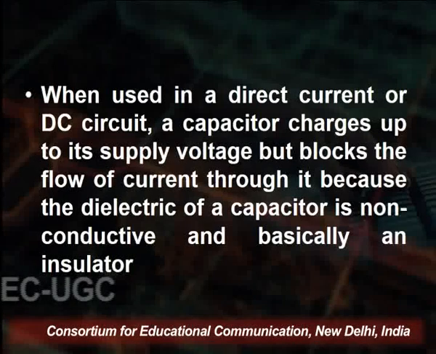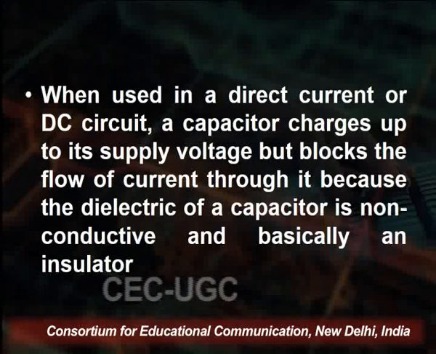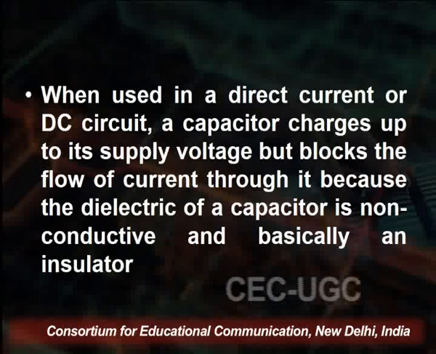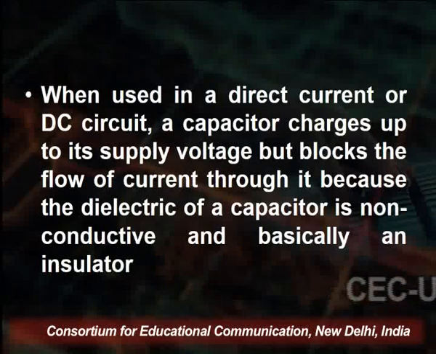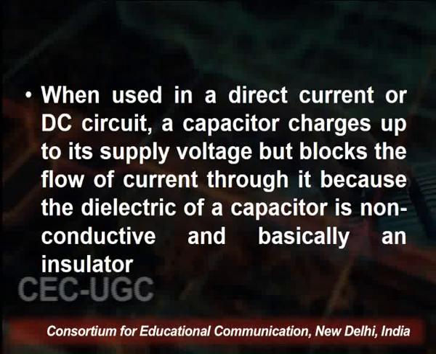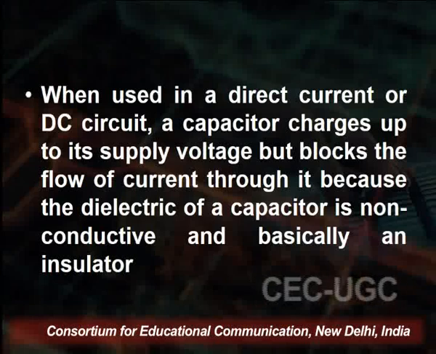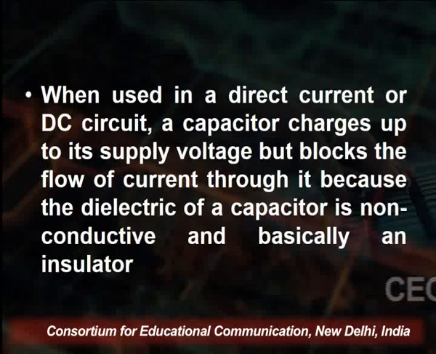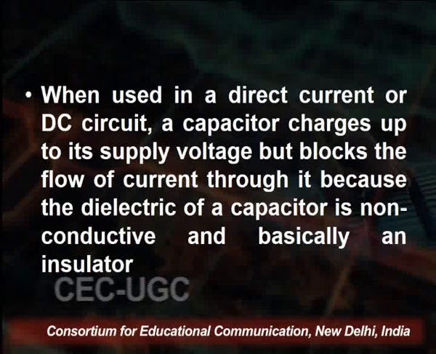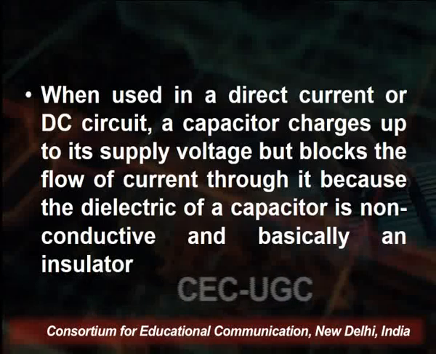When used in a direct current or DC circuit, a capacitor charges up to its supply voltage but blocks the flow of current through it because the dielectric of the capacitor is non-conducting, basically an insulator. So it blocks the flow of current through the dielectric when we use direct current.